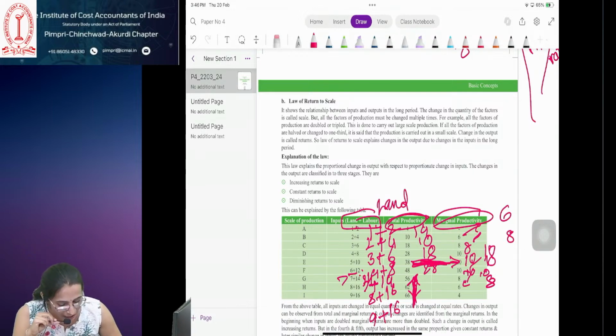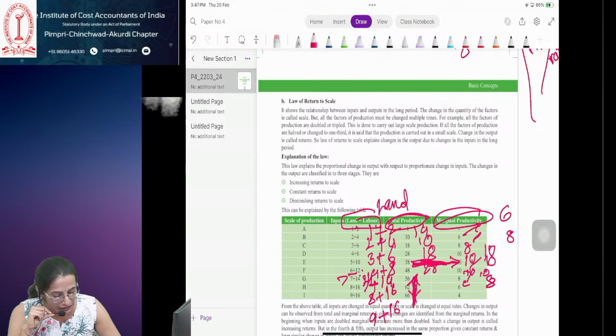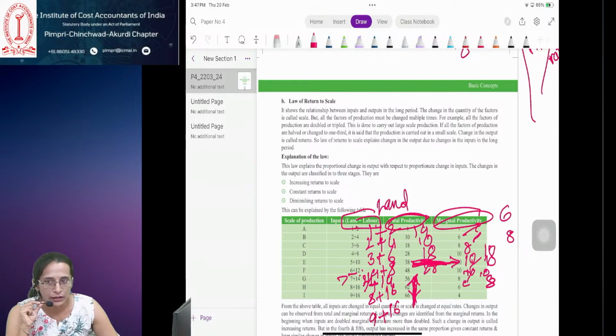If all the factors are halved or changed to 1/3, it is said that the production is carried out on a small scale. Change in the output is called returns. What change it is bringing on the output, that we are calling returns. So the law of returns to scale explains the change in the output due to the change in the input in the long run period, right?